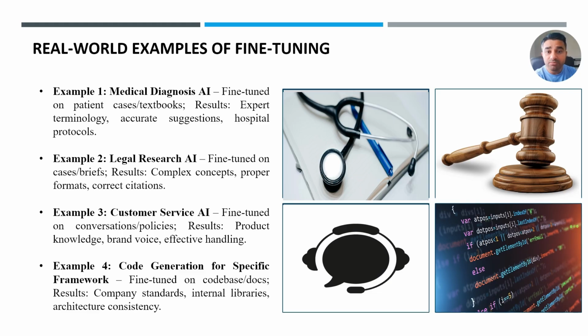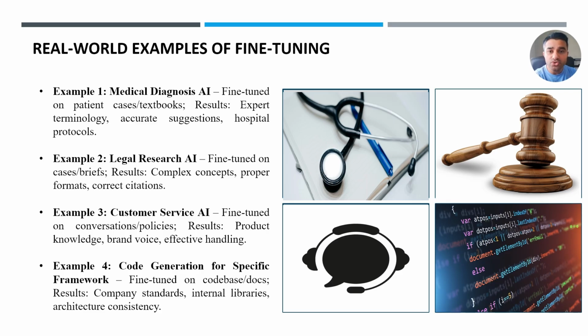The result is a fine-tuned model that now knows every product in the catalog, understands the company's policies and can apply them correctly, communicates in the company's brand voice, handles common customer issues effectively, and escalates complex issues appropriately.